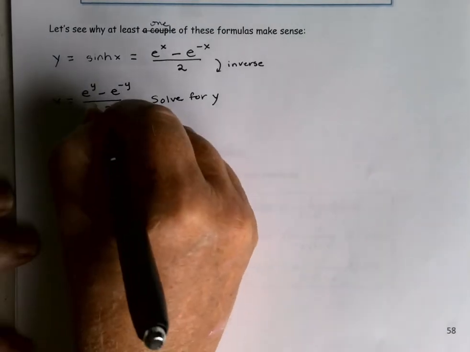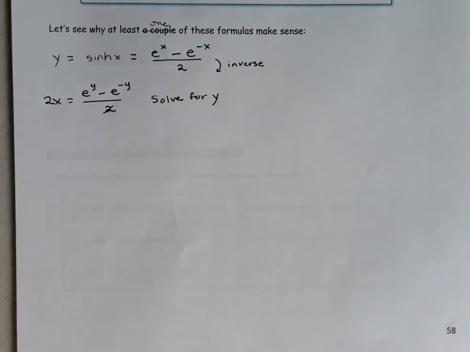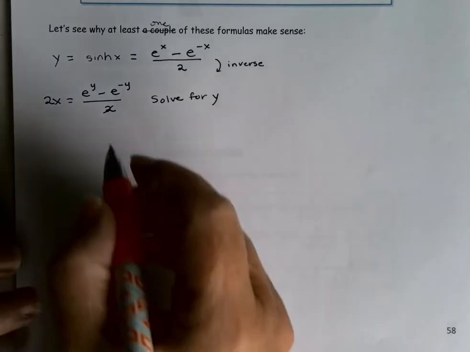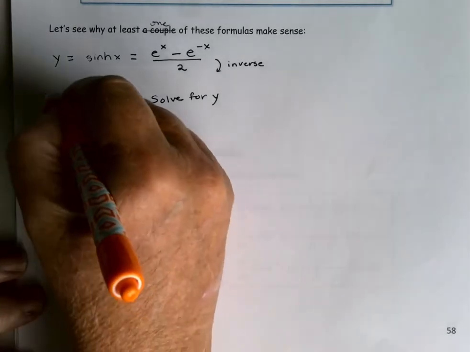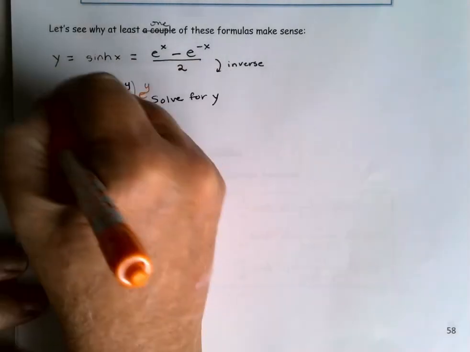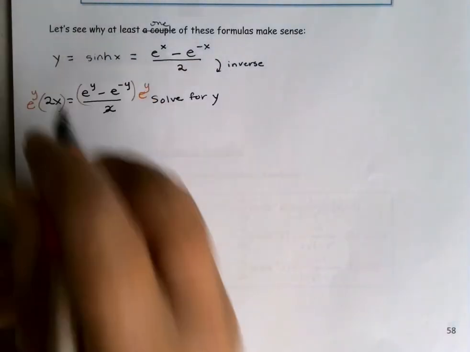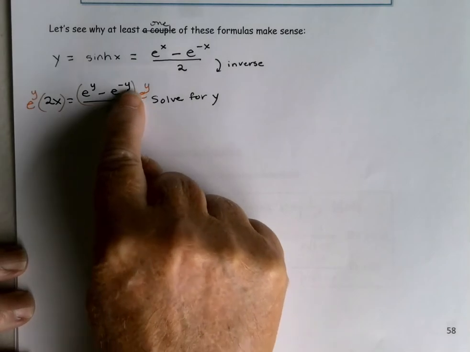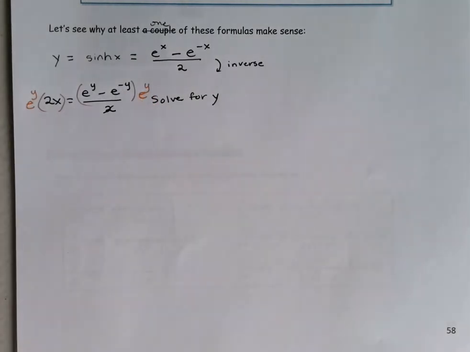Simple, I can just take the 2 and multiply it over here. That's simple enough. And then I'm going to use a little trick. What if I multiply both sides by e to the y? The reason that I'm doing that is so that I won't have any more negative exponents.